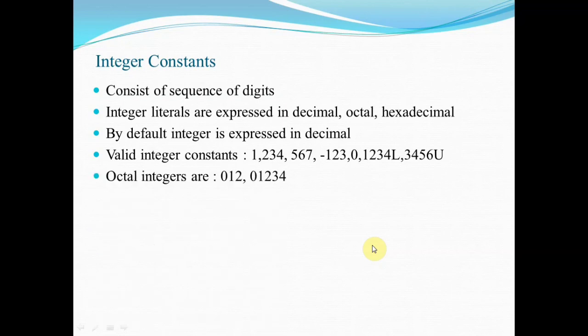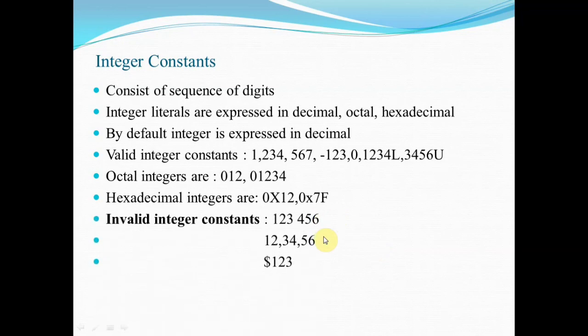In the case of octal numbers, the valid numbers are those starting with 0, so 0, 1, 2, 3, 4 are valid octal integers. And if you go for hexadecimal, then the letter X is to be written. So 0x12 or 0x7f is a hexadecimal integer. Capital X or small x are both allowed in this case.